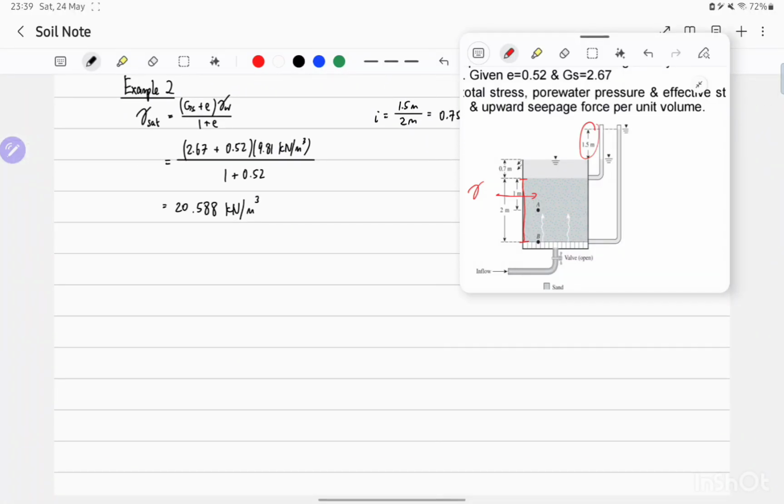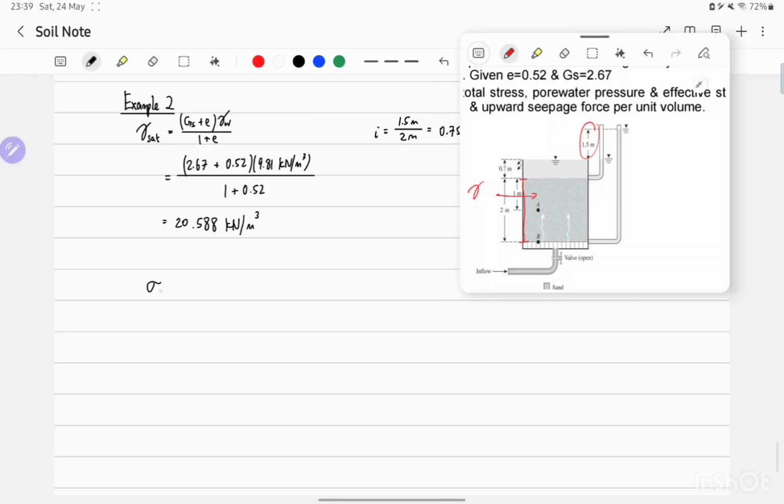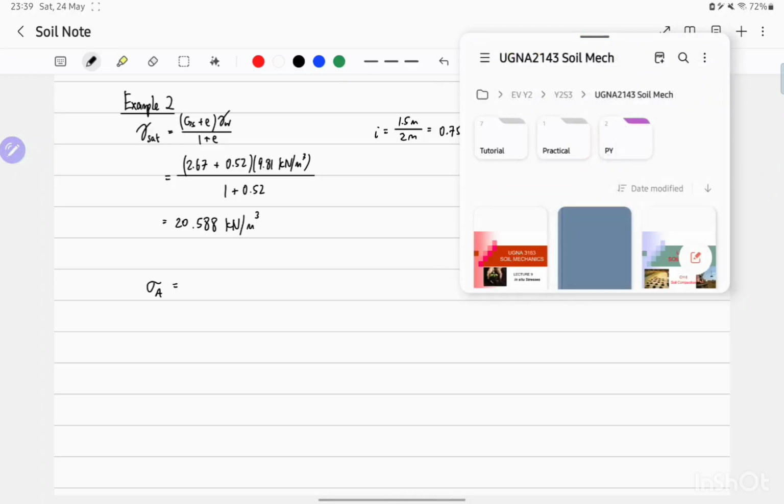So we can find the three stresses now. Start with total stress at A. What is above A? The water, and then half of the soil sample.